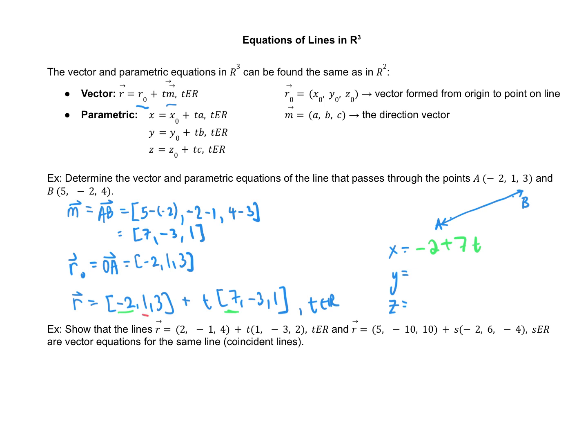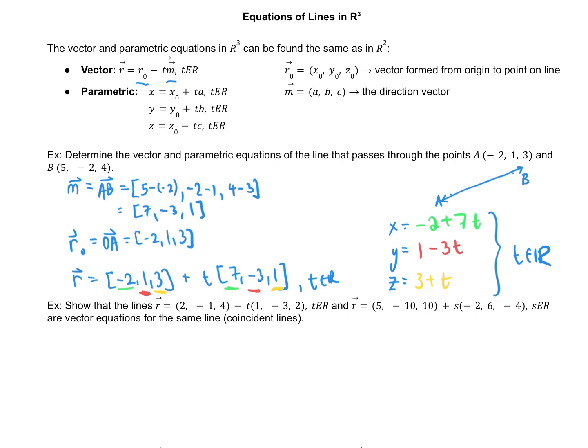The y, 1 plus negative 3t, so 1 minus 3t, and z, 3 plus a single t. And for all of these, t is also an element of all real numbers. So very similar to R2, it's just now we have that extra z component.